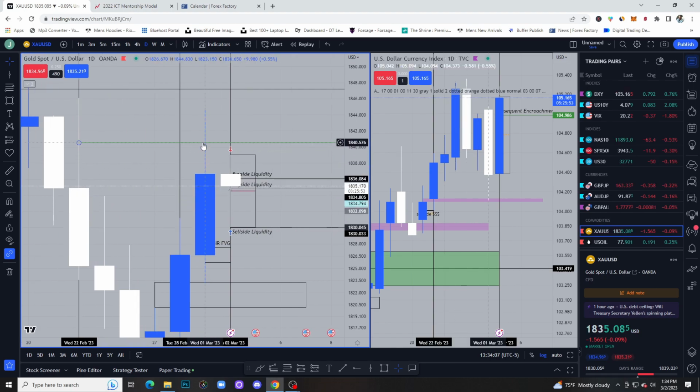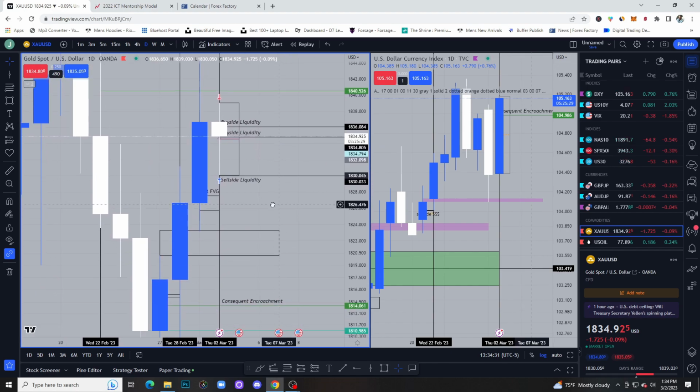So you see, it came up, went through it, and actually had a pretty good reaction off of this level, the consequent encroachment of this midway point of this large wick right here. And as you can see, we came down, and next day's open, we came over to this area, and this is where we started having a bullish day right here.